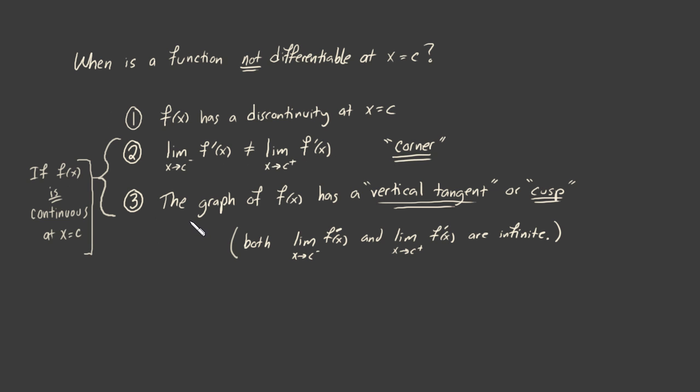And finally, we see vertical tangents and cusps, also points of non-differentiability, when we look at the left and right limiting values of the derivative and we discover they're both infinite. Again, if these things agree in sign, we're looking at a vertical tangent. If they disagree in sign, we're looking at a cusp. Okay, that's it.